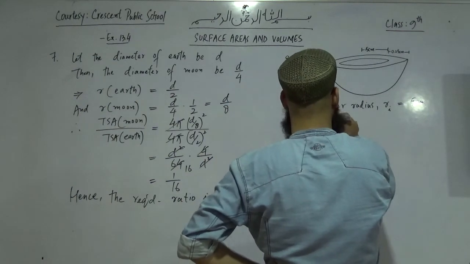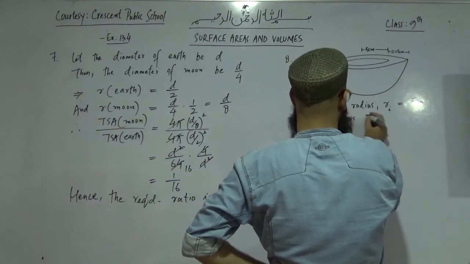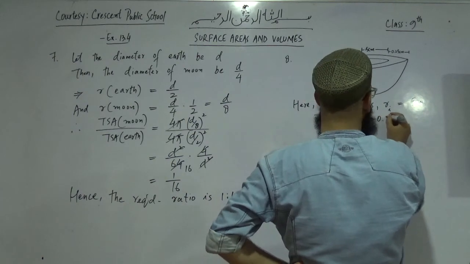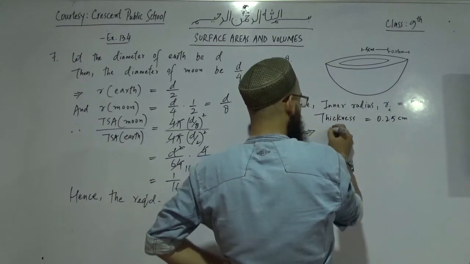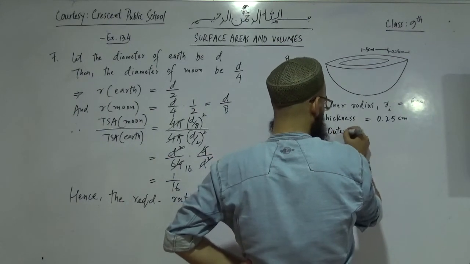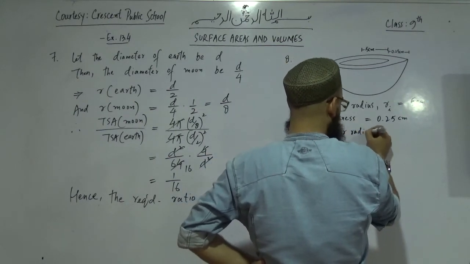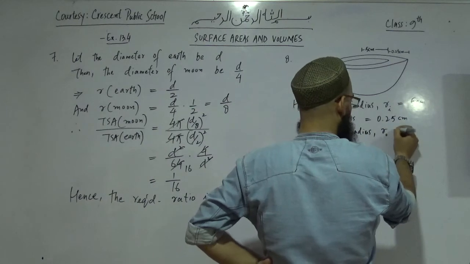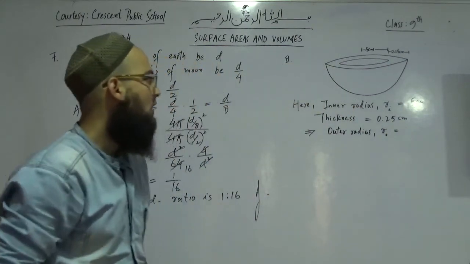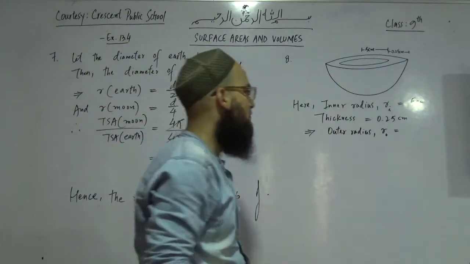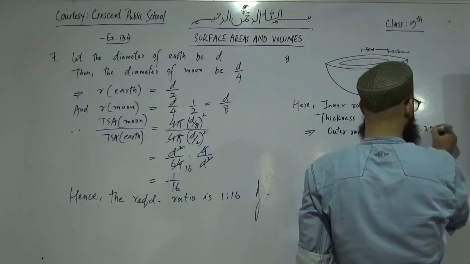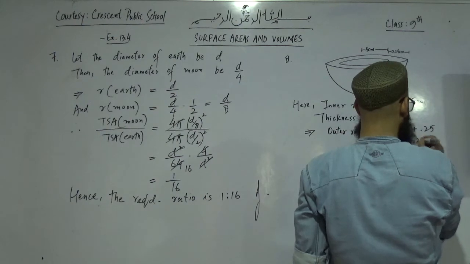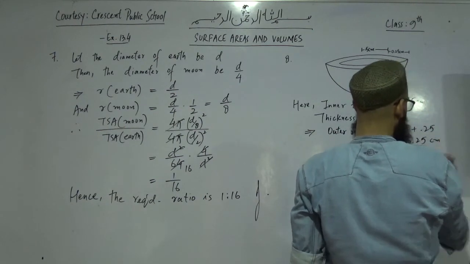Thickness is equal to 0.25 centimeter, which implies that outer radius, Ro. Now what will be the outer radius? Outer radius is 5 centimeter plus 0.25, that is 5.25 centimeter.